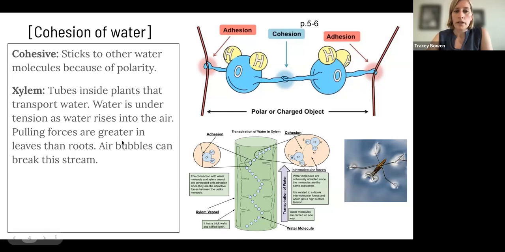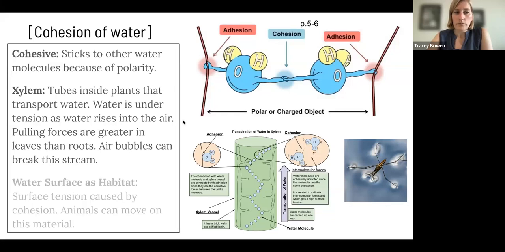That can be broken if air bubbles are inserted between the water molecules, and that sometimes will happen when water freezes in the wintertime. However, there's another property called adhesion, which is water sticking to other things, that can rectify these air bubbles.